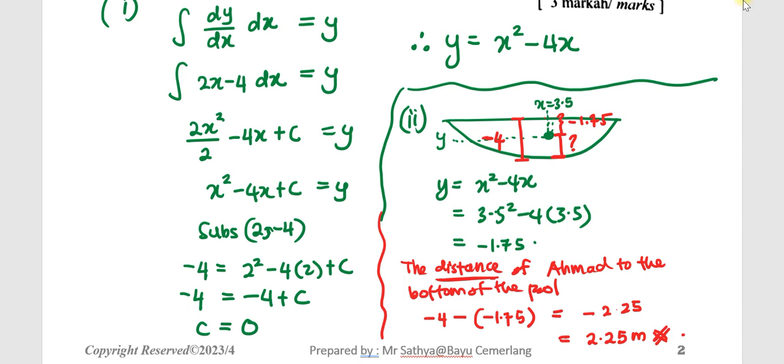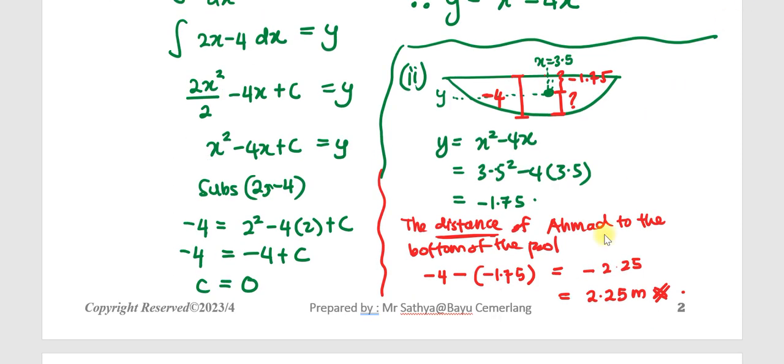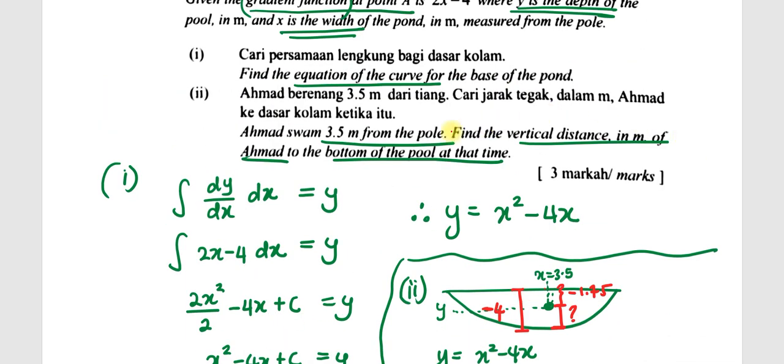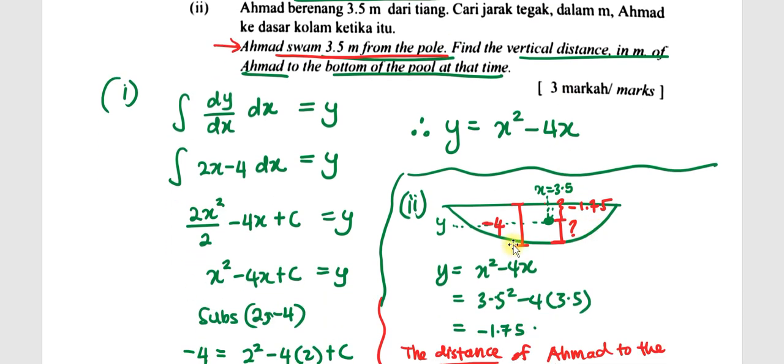Actually, I think I misinterpreted the question. I read it again and again. Ahmad swam 3.5 meter from the pole, right? So that means it's simply at your x-axis like this. How much is the depth? But they're asking from the bottom of the pool, or at that time.